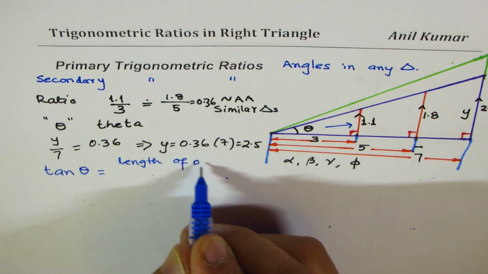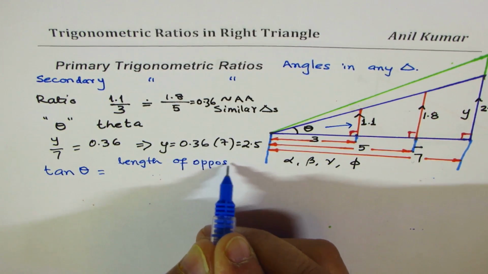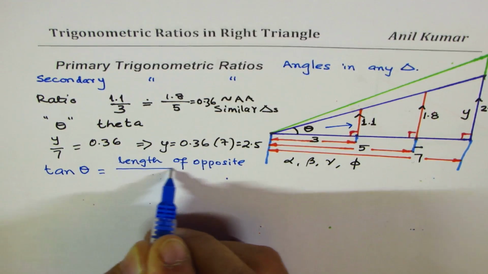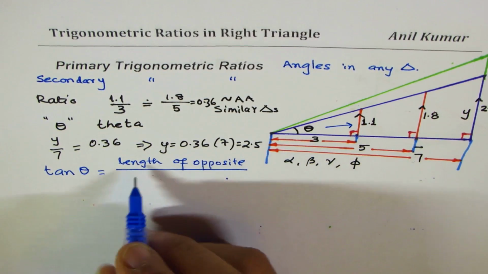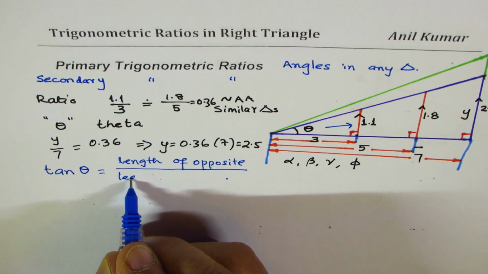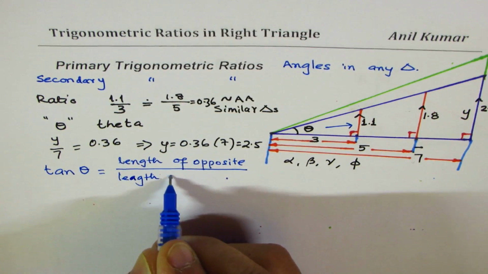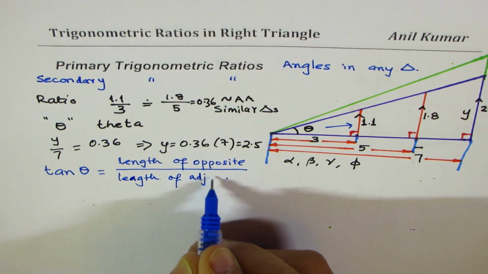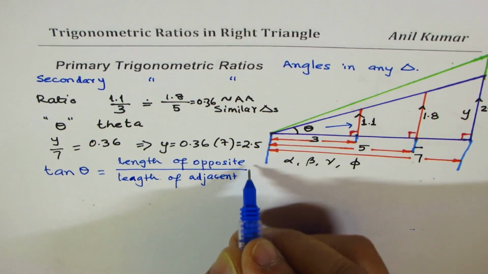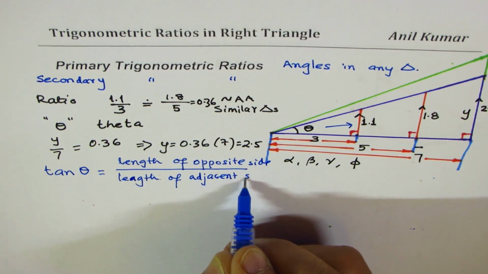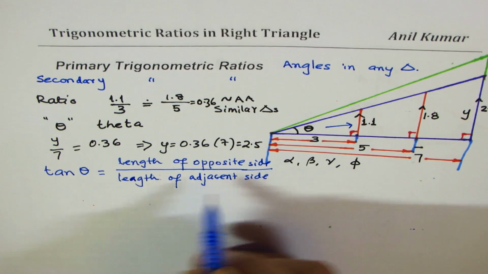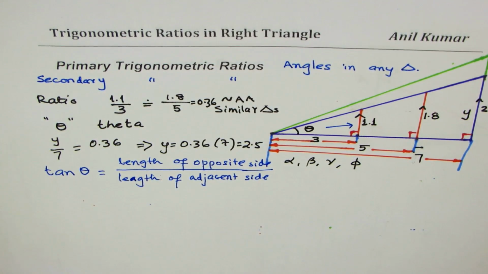So length of opposite side over, this is called adjacent side. Okay, so I hope this is clear. That is our first trigonometric ratio, tan ratio.